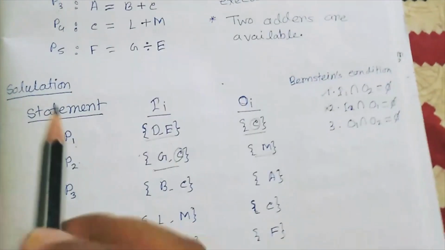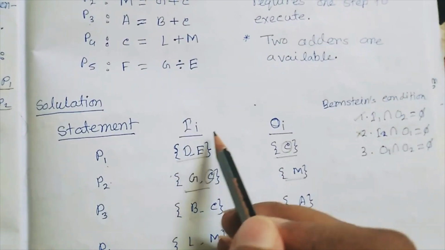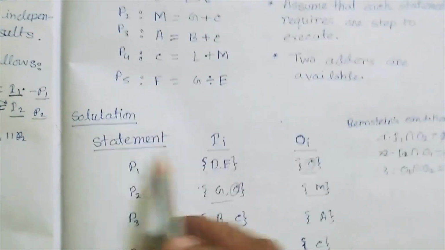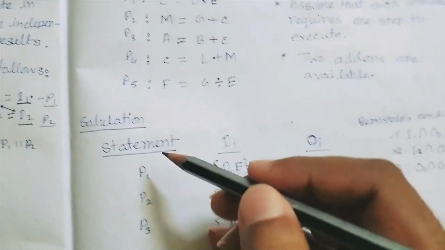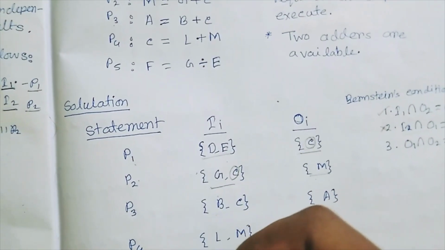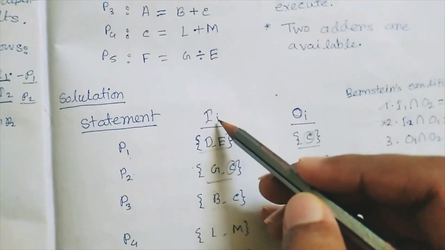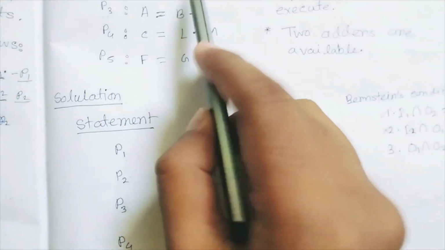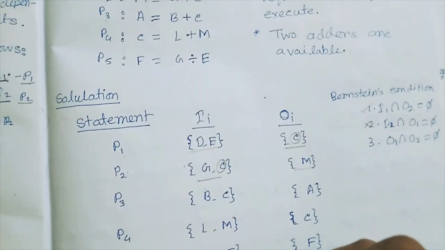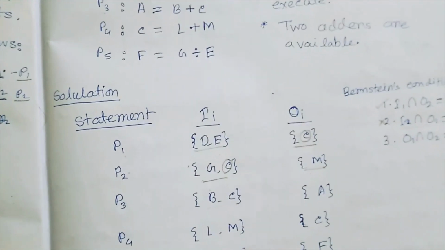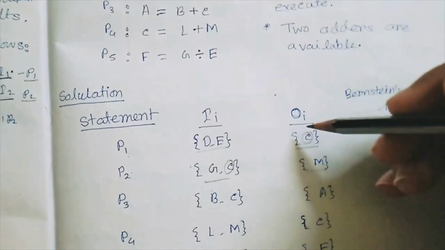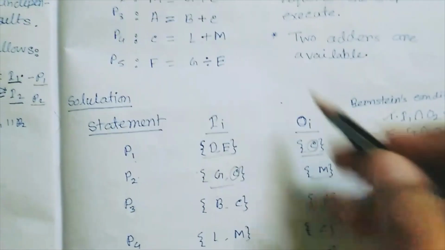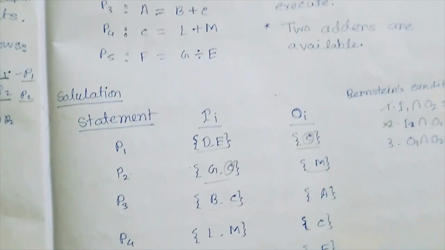Now we go to the solution. We have created a table of statements with inputs I and outputs O. We have collected all the statements P1, P2, P3, P4, P5 and their inputs: for P1 the input is D, E; for P2 it is G, C; like that we write them row-wise. We write the outputs column-wise: for the output of P1 it is C, for the output of P2 it is M, and so on.